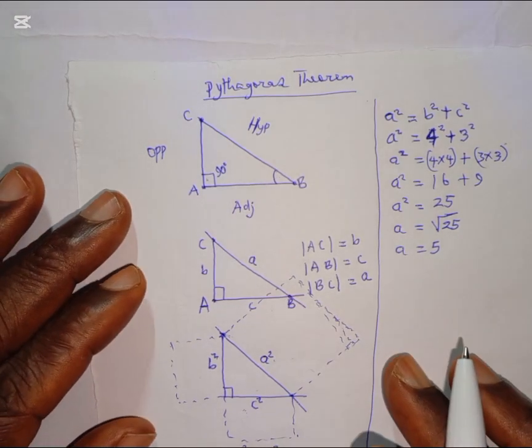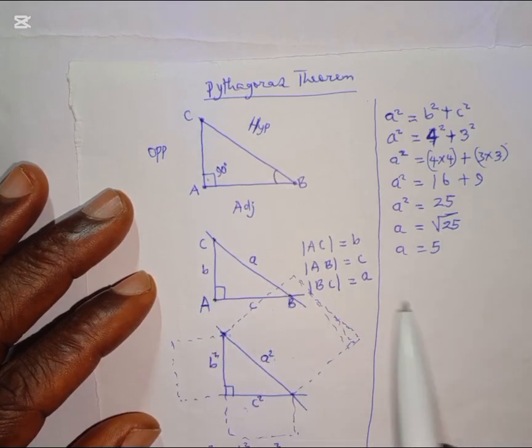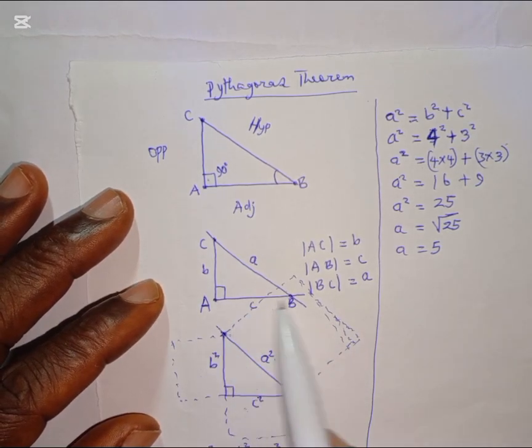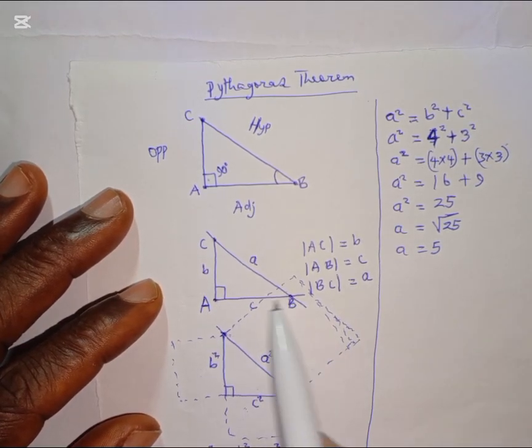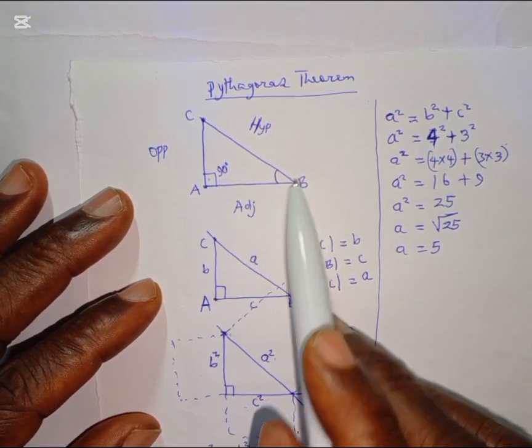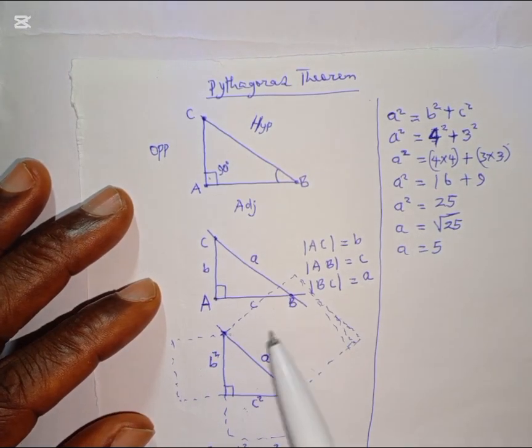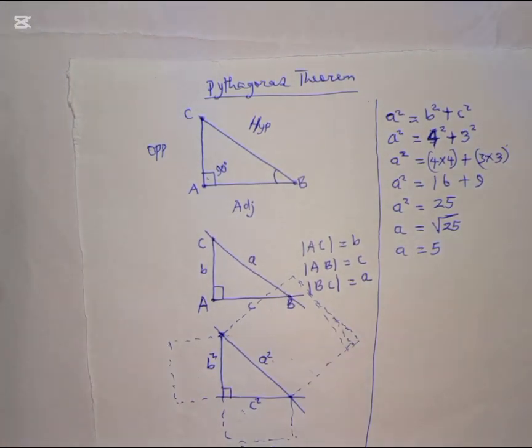This is one of the ways to find distances of points. You can also find the distance between point A and B, and the distance between point A and C. You can find distances this way. This is one of the ways to use to find distances.